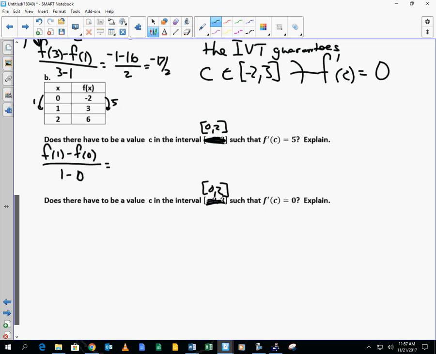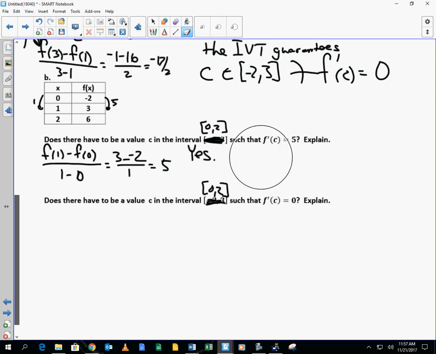What's f of 1? 3 minus negative 2 over 1, so I get 5. That's exactly what we wanted, right? So it's saying the average rate of change is 5, so therefore the instantaneous rate of change must be 5 somewhere. So, yes.